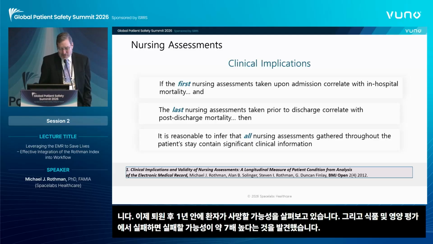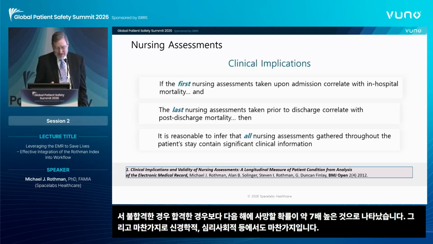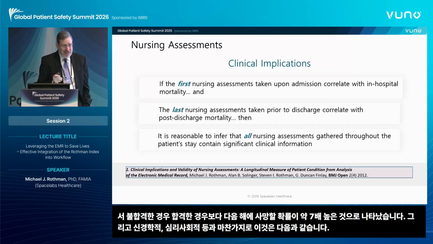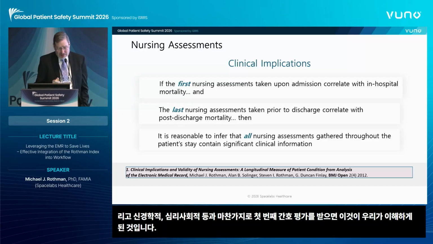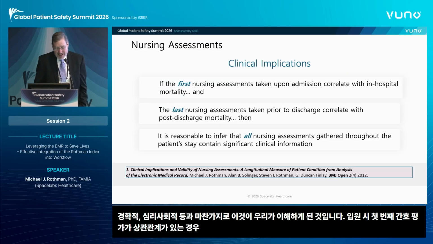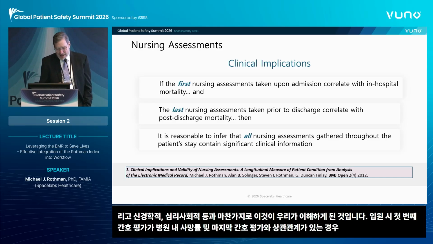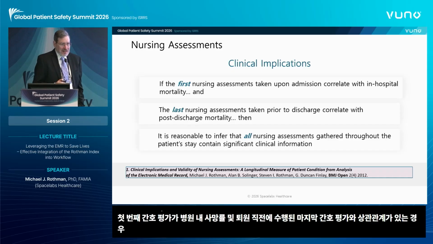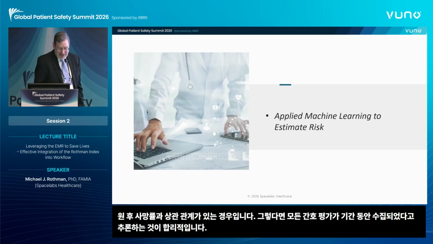And so this is what we came to understand. If the first nursing assessments taken upon admission correlate with in-hospital mortality, and the last nursing assessments taken just prior to discharge correlate with post-discharge mortality, then it's reasonable to infer that all nursing assessments gathered throughout the patient's stay contain significant clinical information. We published this back in 2012.